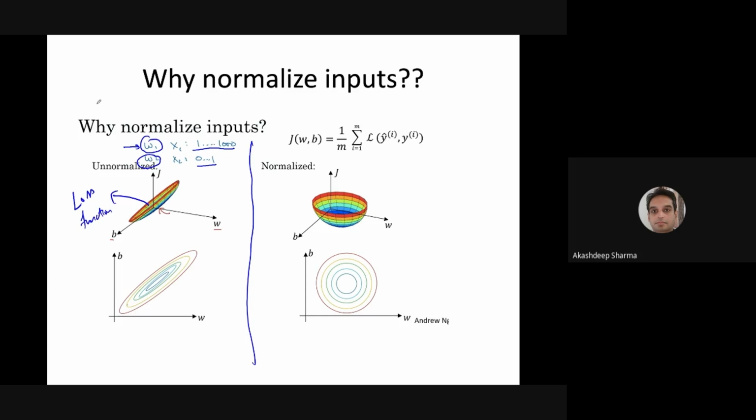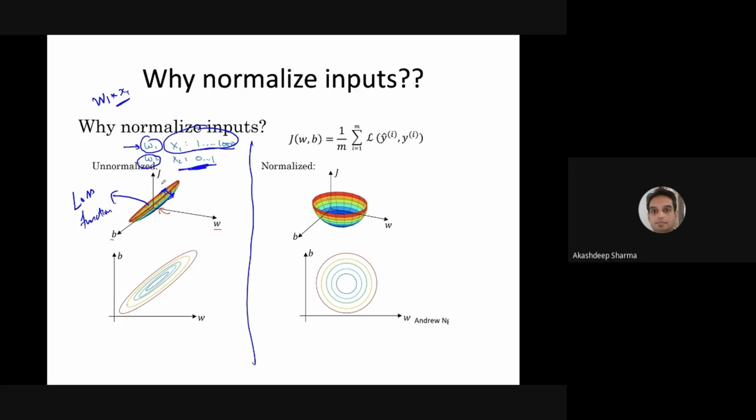If you go back, W1 times x1, right? The effect of this will be very large as compared to the effect of these values, which is very small, tiny, right? So when you do the minimization, you are trying to find a minimum value from these small points. That is the range you will have to find the minimum in for unnormalized data.